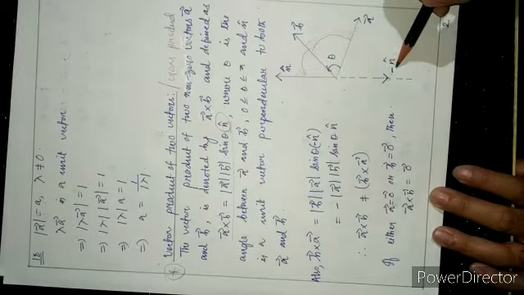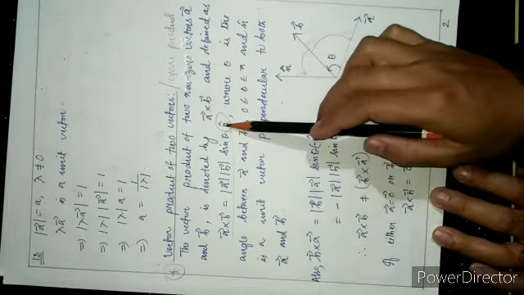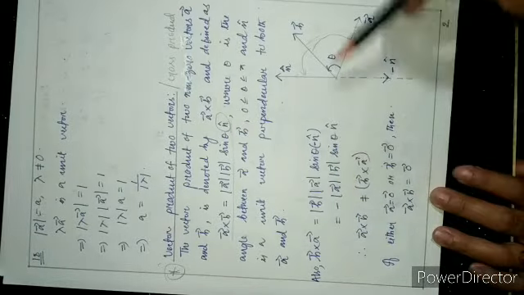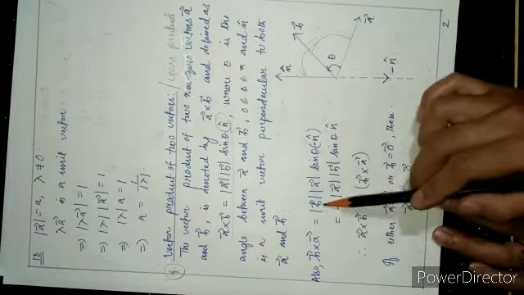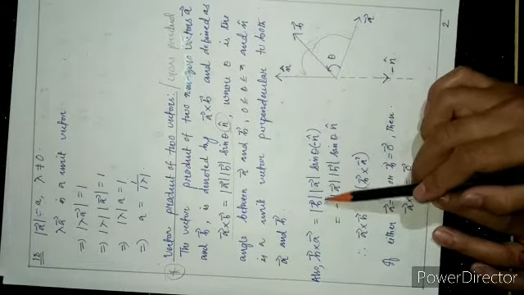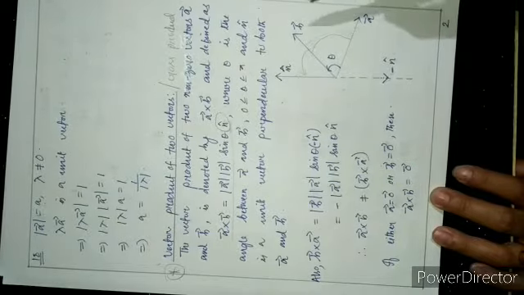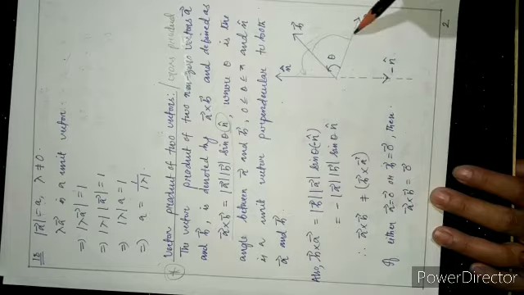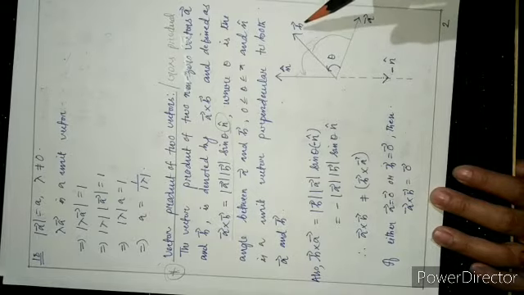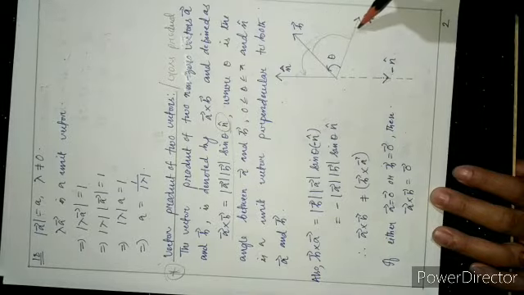So A vector cross B vector is in the direction of n cap, while B vector cross A vector is in the direction of minus n cap. B cross A is defined as magnitude of B, magnitude of A, sine theta and minus n cap, where minus n cap is a vector perpendicular to both A vector and B vector, and B vector, A vector and minus n cap form a right-handed system rotating from B vector to A vector.